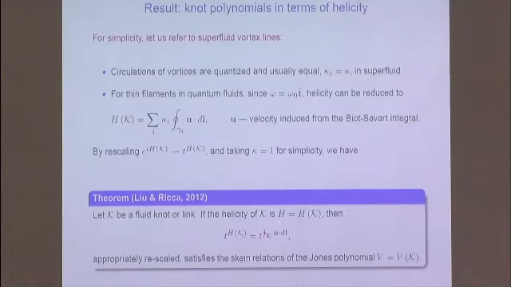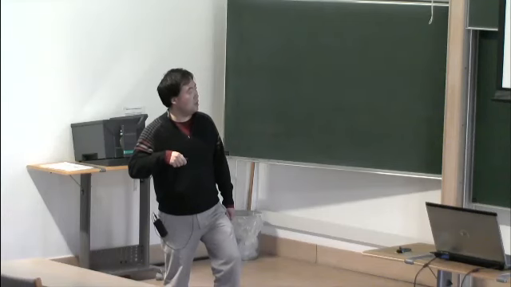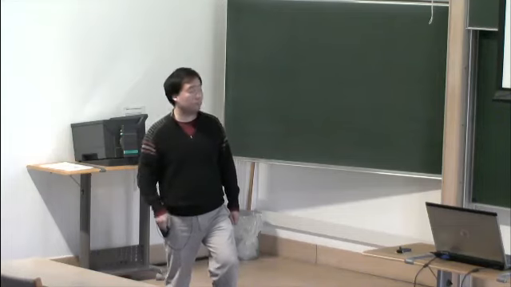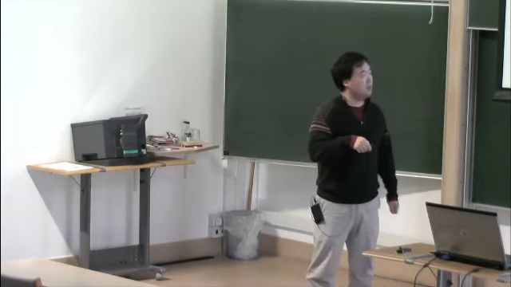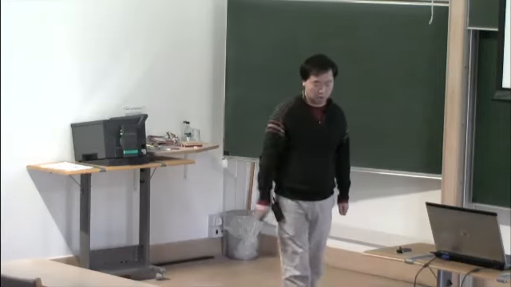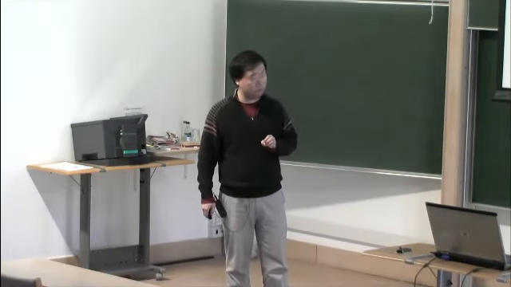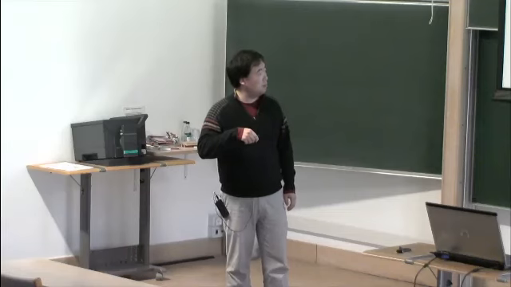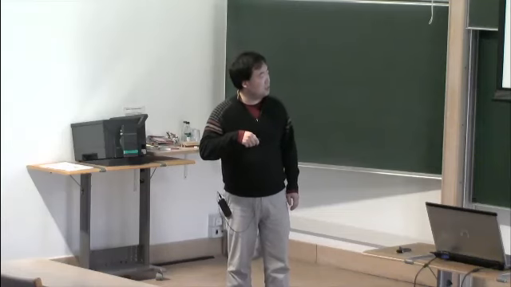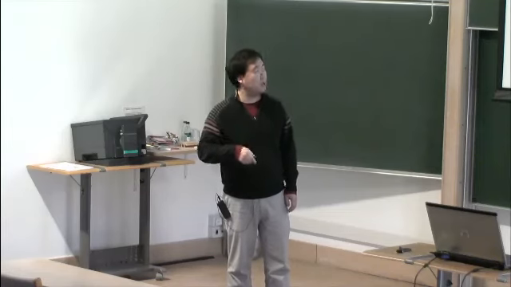The helicity is this. Then this exponential form satisfies the skein relations of the Jones polynomial. Here, V is a symbol for Jones polynomial. Okay, we should give the proof, but before that, because I mentioned skein relations and polynomials, I'd like to.